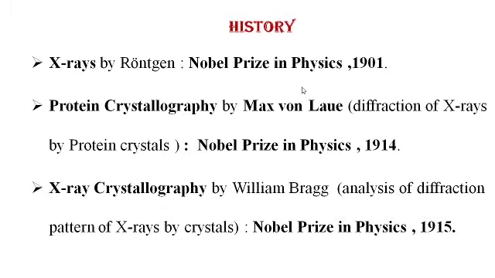Let us go back to the history of the development of X-ray crystallography and be grateful to the scientists who have contributed to this wonderful technique, which has helped us to study the enzymes and the catalytic mechanism of the enzyme. To start with, it was Röntgen who discovered X-rays and was awarded a Nobel Prize in physics in 1901.